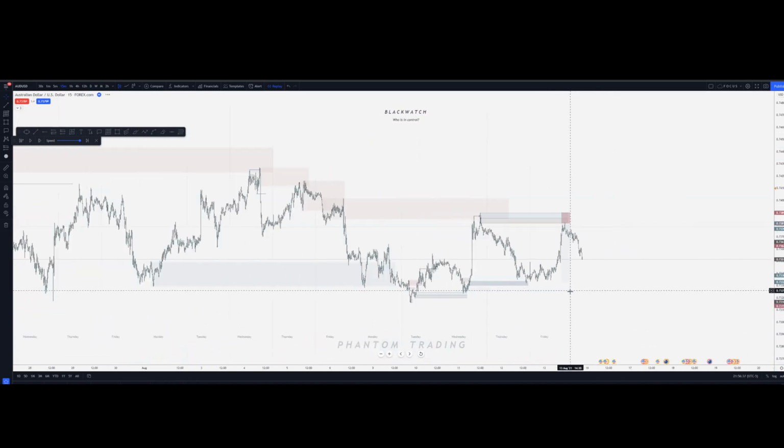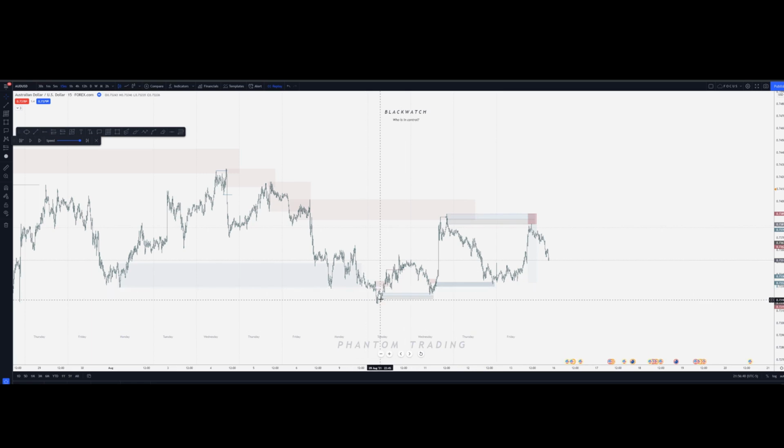Now, the thing with this is, once we took out this external range, right? Once this demand failed, and we hit this level here, there's a good chance it won't do too much, right? Obviously, we'll have to manage price as we see, and we want to trade within our range.